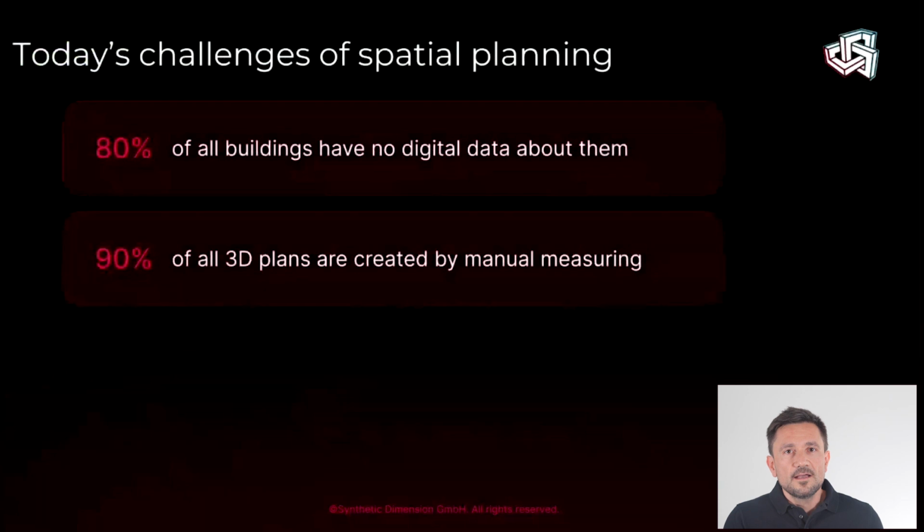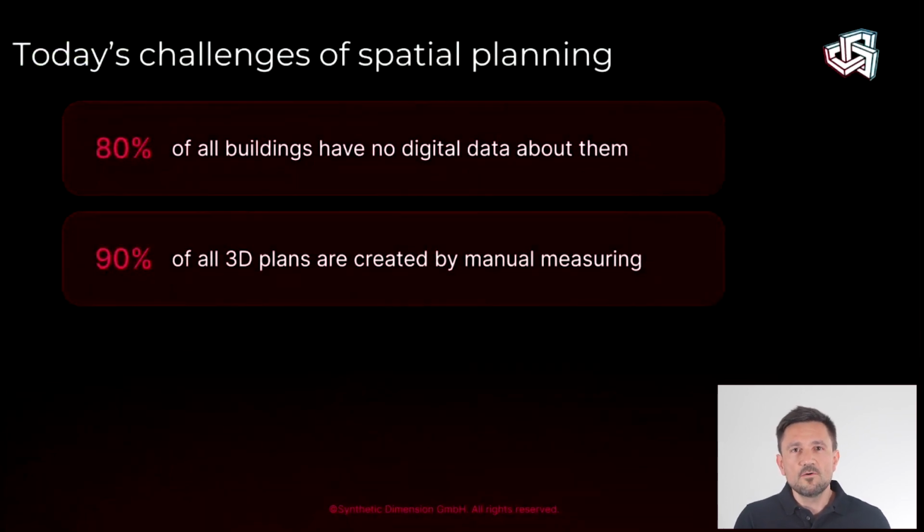Spatial planning, as we know it today, is facing a lot of challenges. Currently, digital data is not available for around 80% of buildings worldwide. And 90% of all 3D plans are still created manually with tedious and time-consuming measurement and planning.